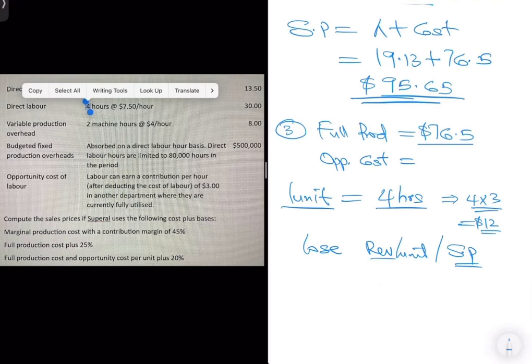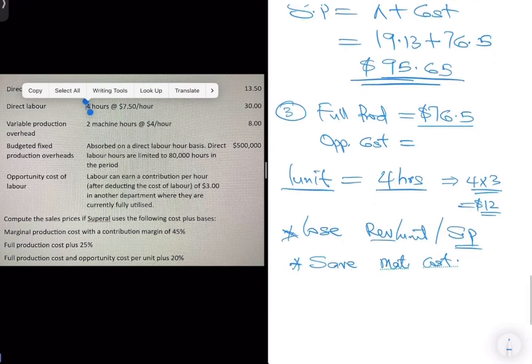Likewise, we will not manufacture that product that we used to manufacture. So which means we will not spend money on material cost. So we're going to save money on material cost. So the net of the two is our reality if we take them away from where they are working, and that is SP minus material cost.